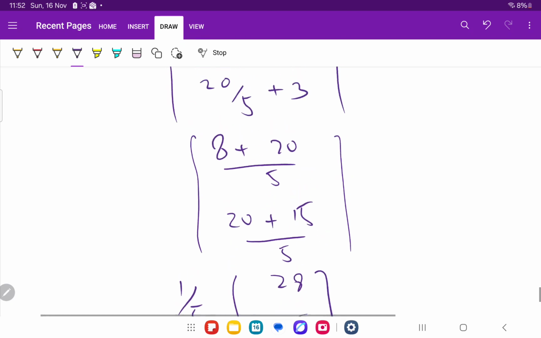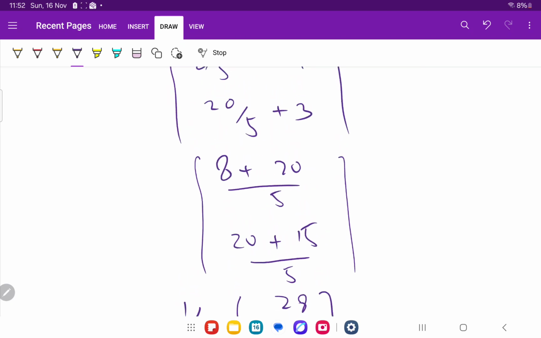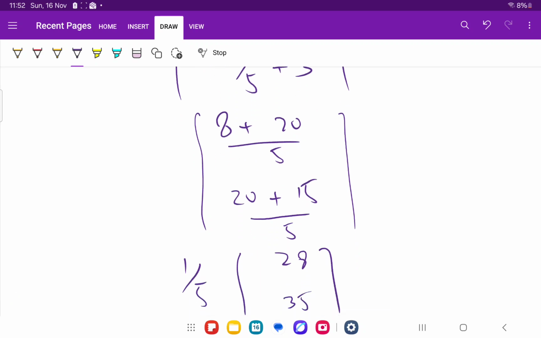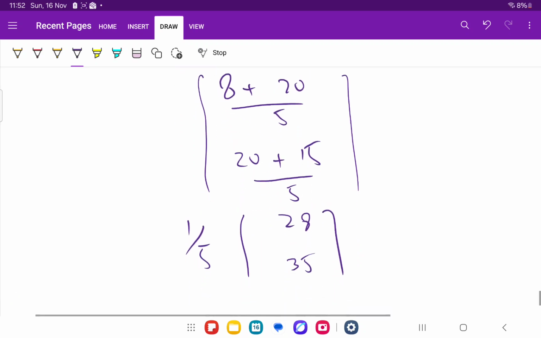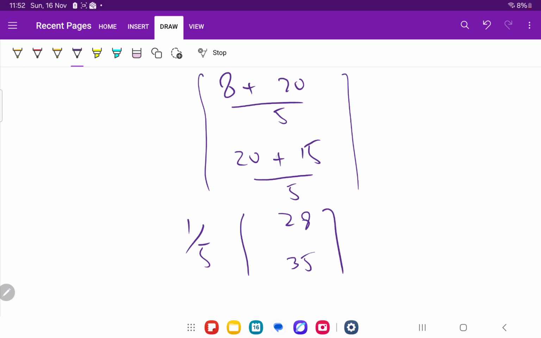So can we write by this way? So 8 plus 20 is 28, 20 plus 15 is 35, and in both of the numbers 5 is the denominator, so we'll keep 1 by 5 out.